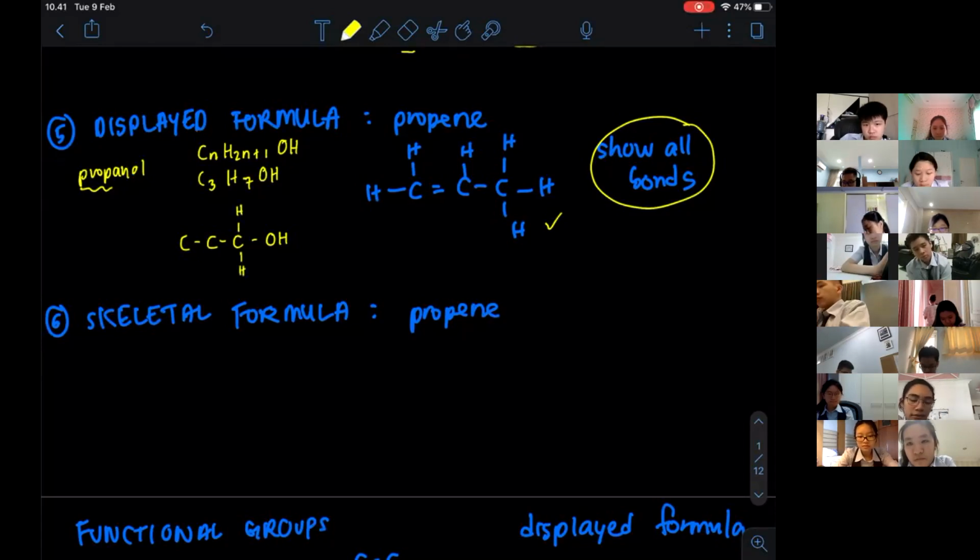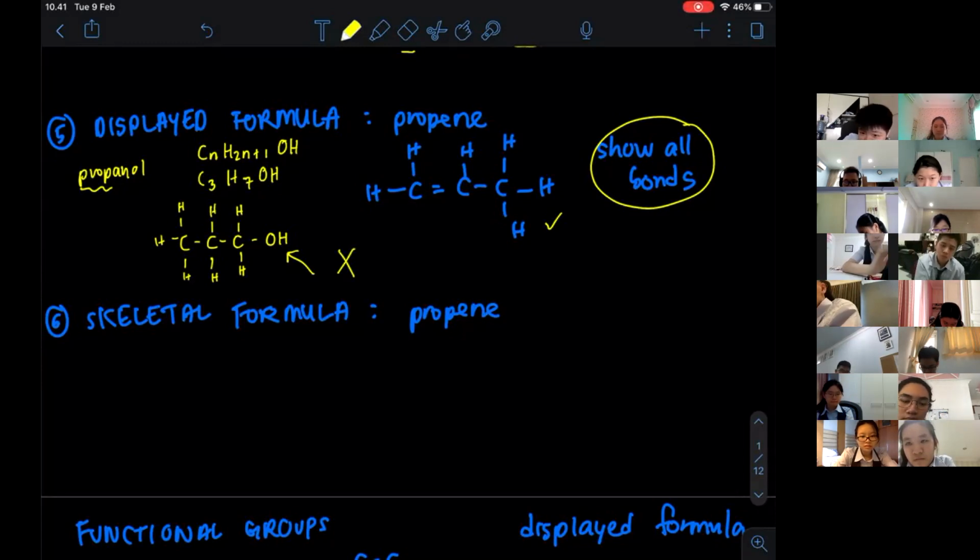So this one has 2 hydrogens, but this one will have 3 hydrogens because you need to calculate the total number of bonds. Now, if I write this as my displayed formula, this is going to be wrong. Why? Because you didn't show all the bonds. So what do I need to write?